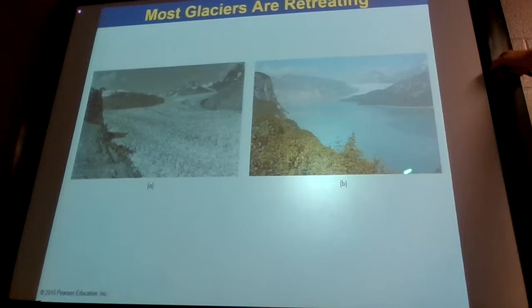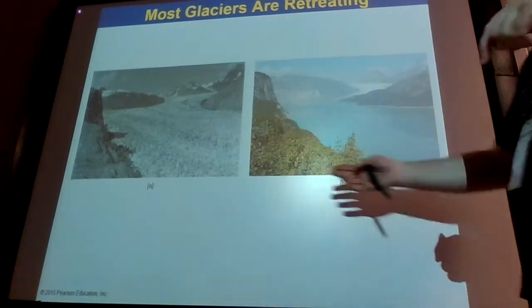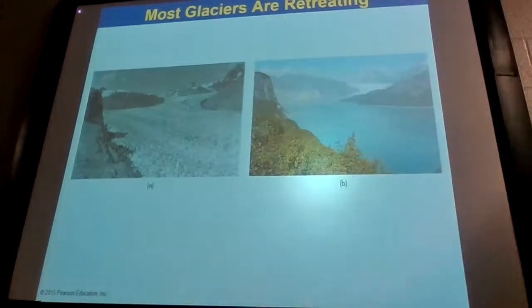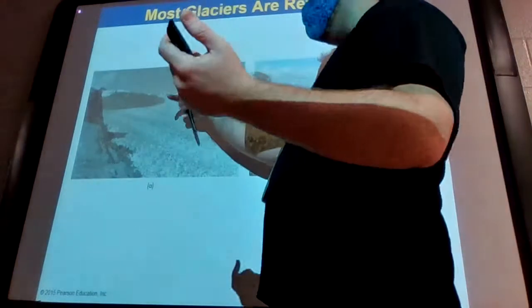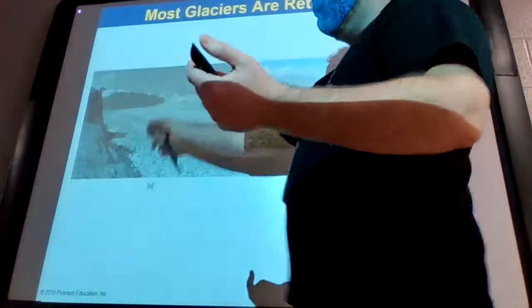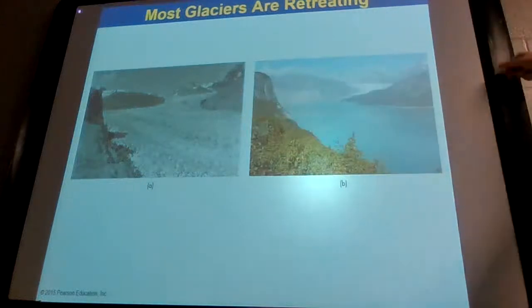And this is going to be maybe the 80s or 90s. One of the previous PowerPoints had the dates on them, and I know the dates are in the book, but you can see how much ice has been lost out of this valley. I think technically this is a separate glacier from the one that's up in this valley. This glacier is gone, and the glacier that's up here has receded quite a bit as well.